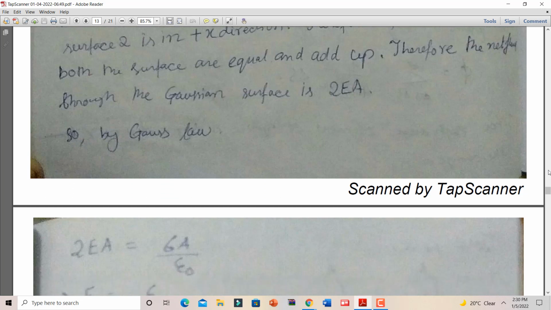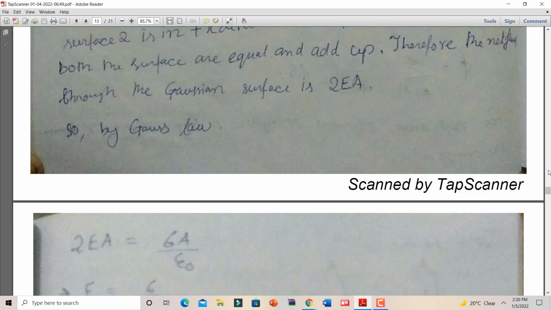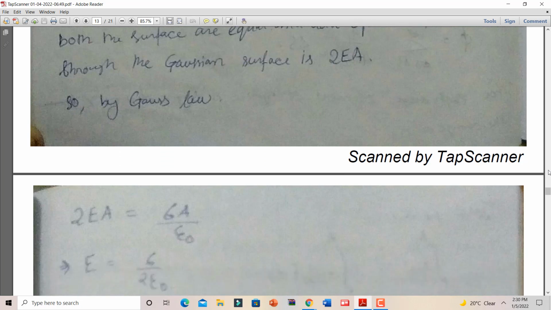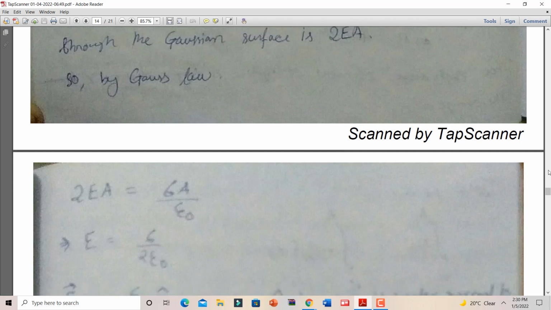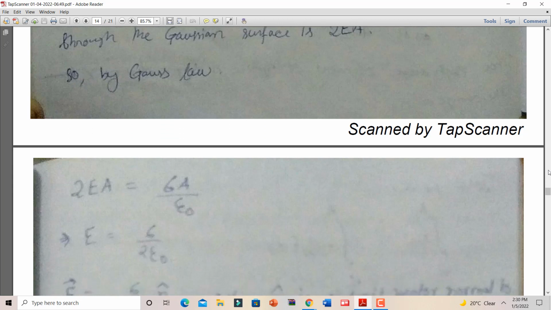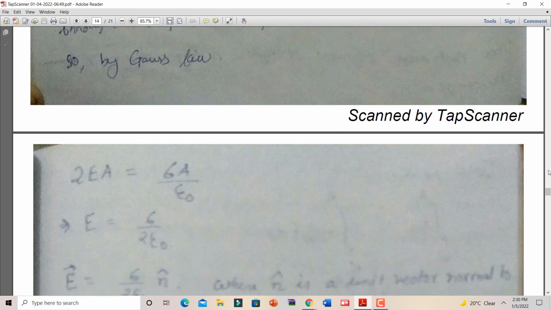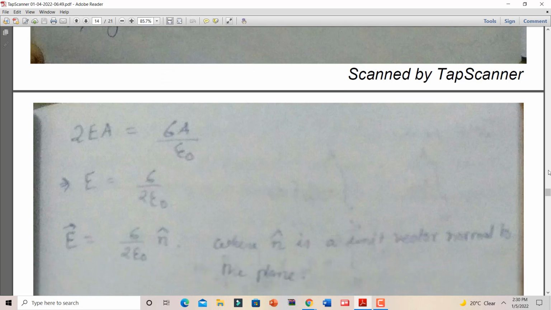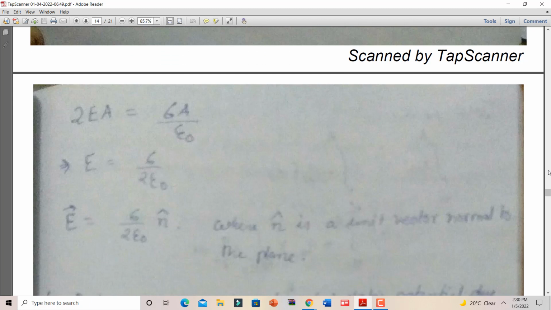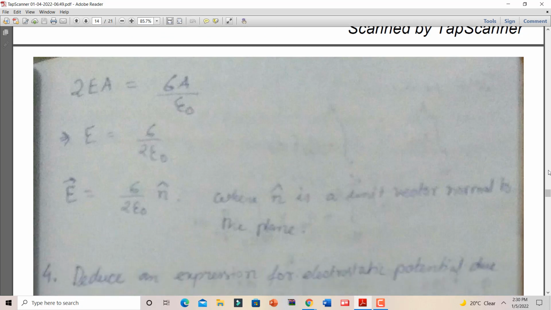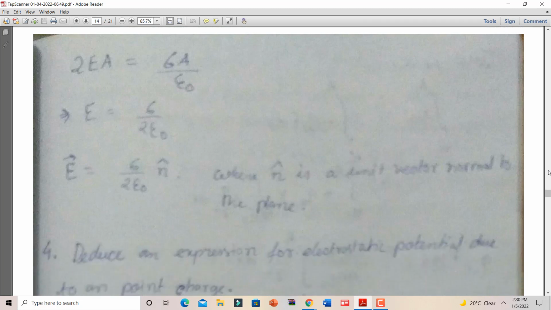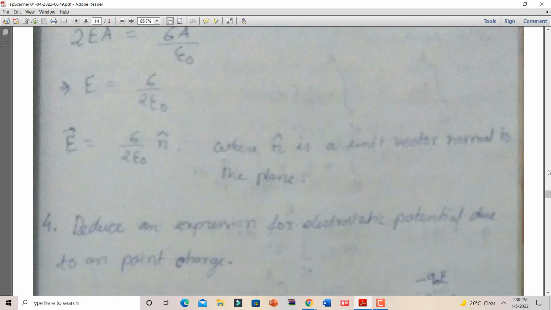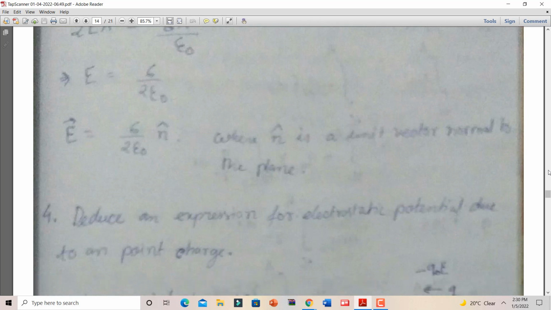Therefore, the total flux that will pass through the Gaussian surface is 2 EA. So from Gauss law, twice EA is equal to sigma A by epsilon naught, or the electric field E is equal to sigma by 2 epsilon naught into n, the unit vector.